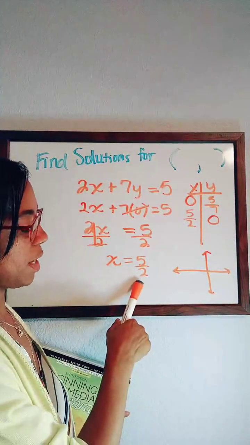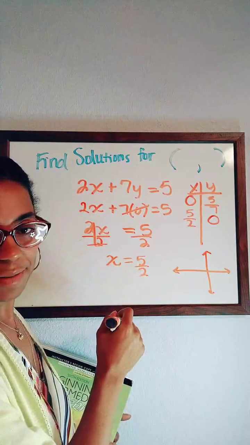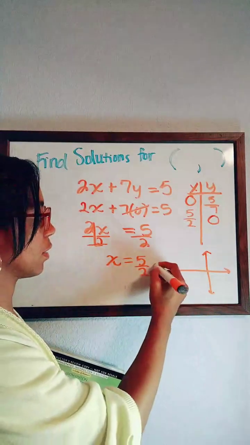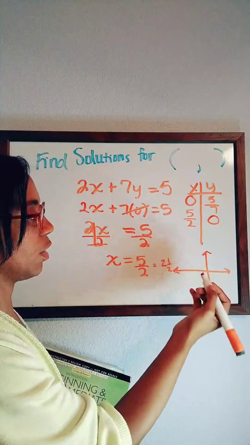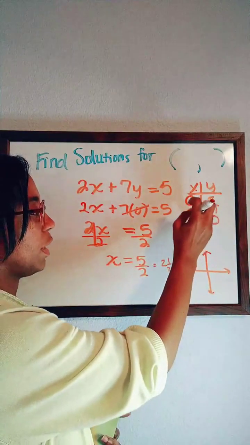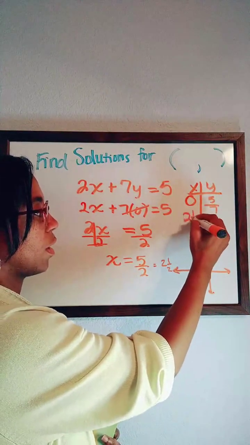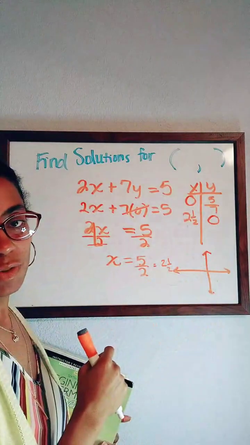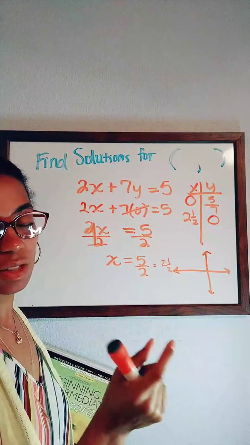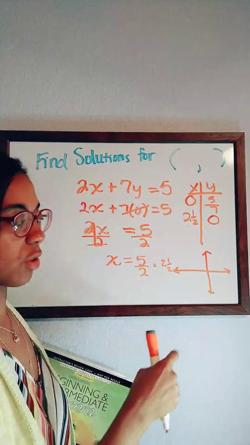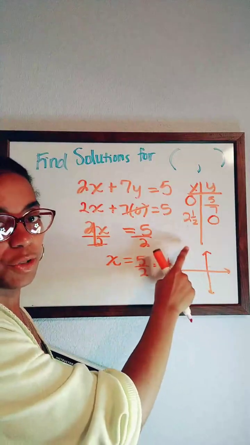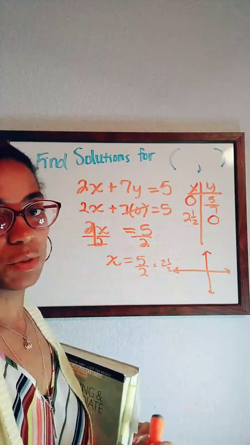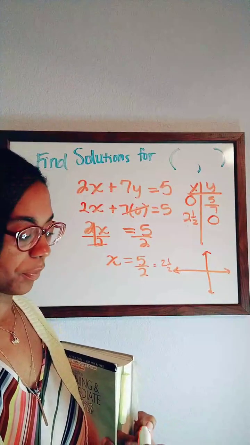So this would end up being 2 and 1/2. Either way, because it's probably a little bit easier to graph on the coordinate plane if you use a mixed number versus an improper fraction. So for graphing, I prefer to use mixed numbers or even decimals because it's just easier to see.